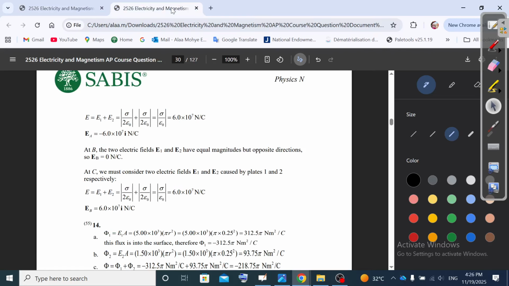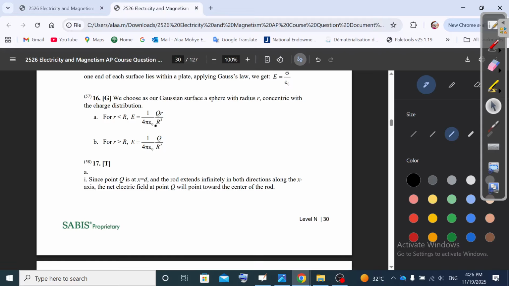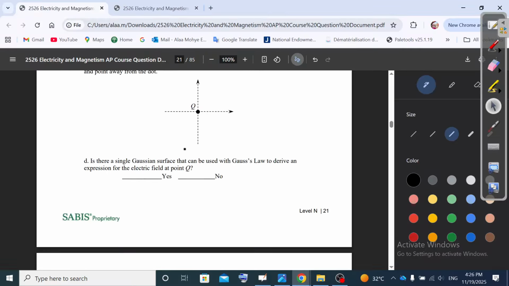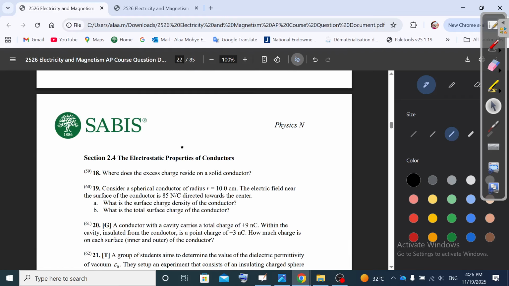For question 16, you genuinely just need to know these two formulas because it's important. I think it came in the last book. If r is less than R, it's this case, and if it's greater, then it's this case. Obviously don't do the tops, because I doubt that will come.